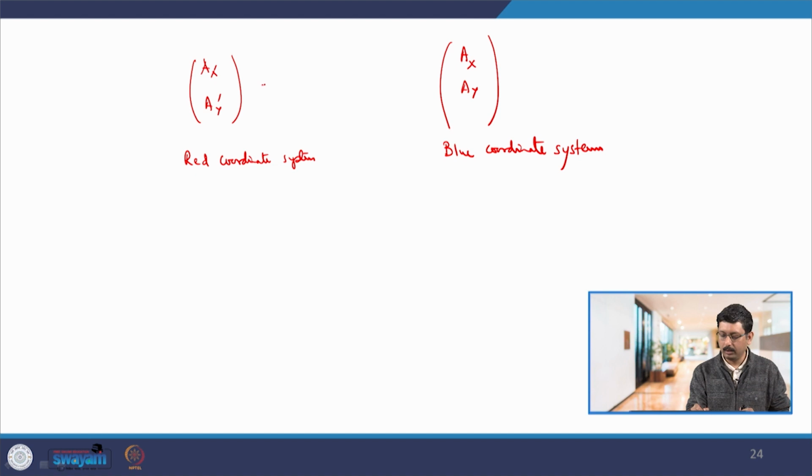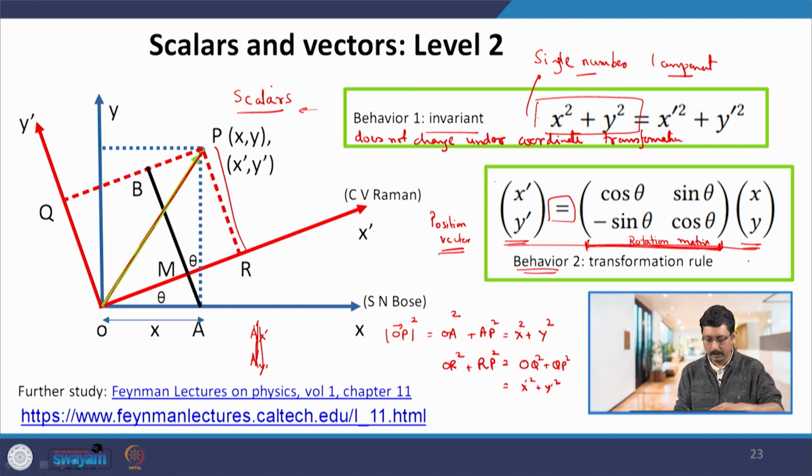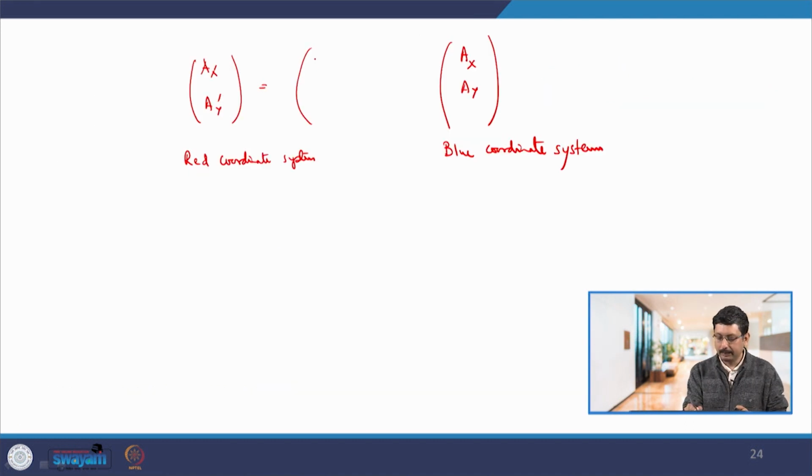Now, if I do the same coordinate transformation, which means that I rotate the blue x axis of the blue system by an angle theta, then precisely the same rotation matrix applies.